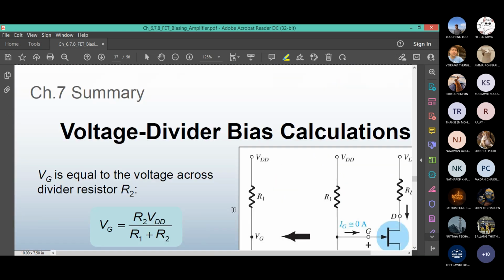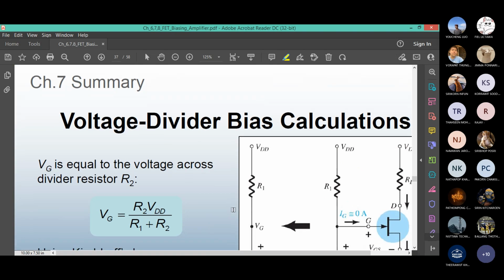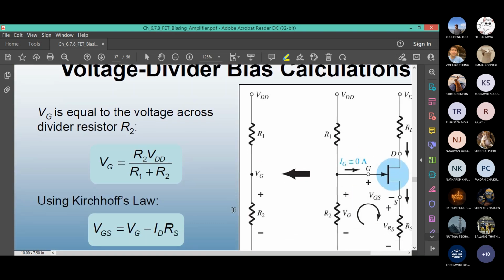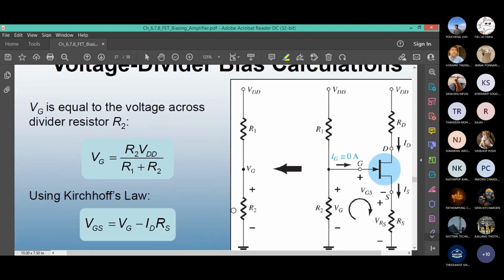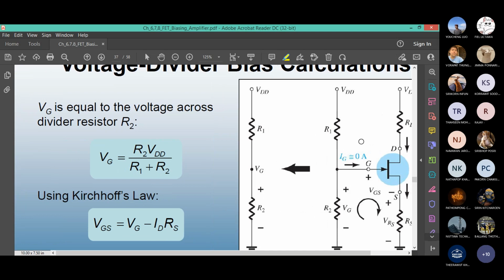Next slide. Because you are right, it's a voltage divider. IG is approximately 0 amp, no current is going, so all the current is passing through R1 and R2. At this point, VG is given by the voltage divider equation, VDD R2 over R1 plus R2.